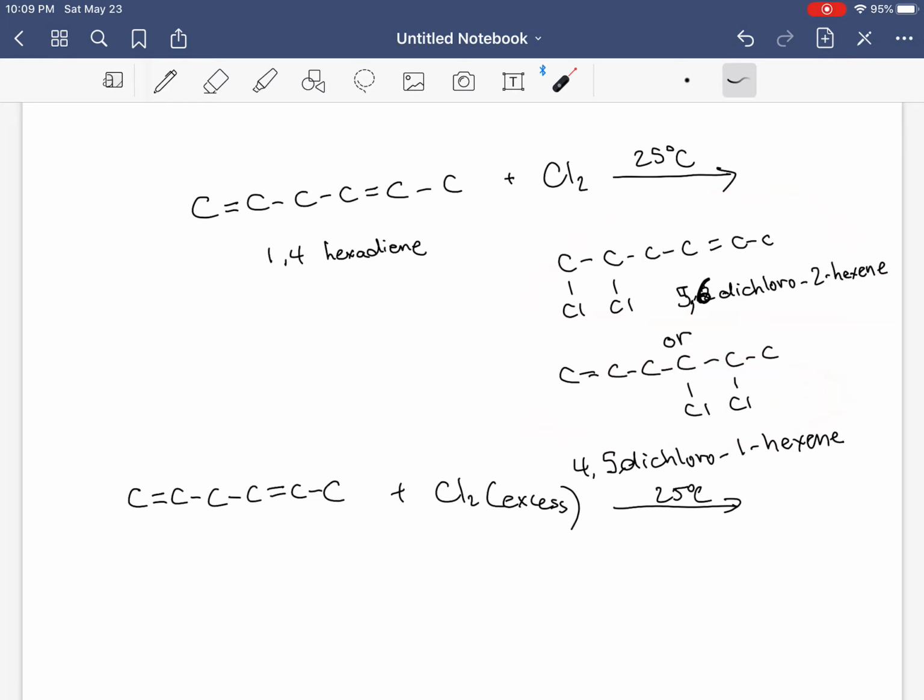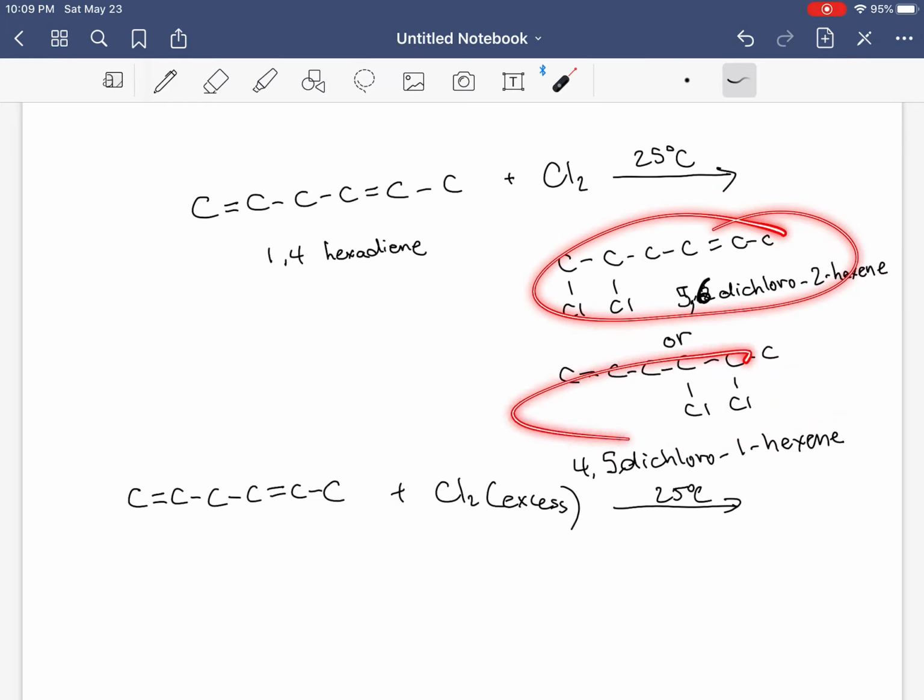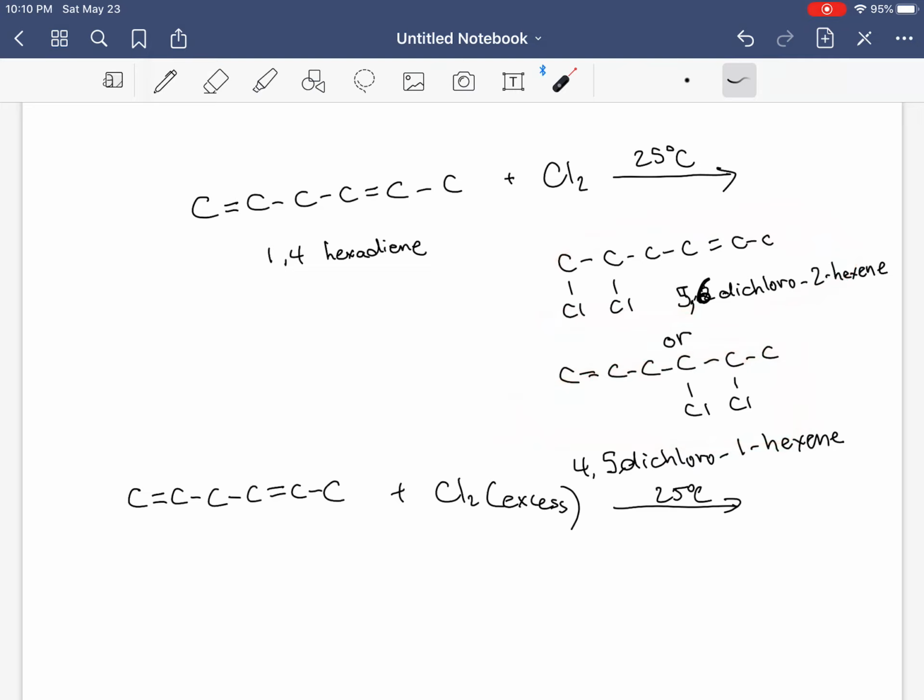You will have both. But when you have an excess of Cl2, this might happen, where both double bonds are going to be cleaved by chlorine gas.